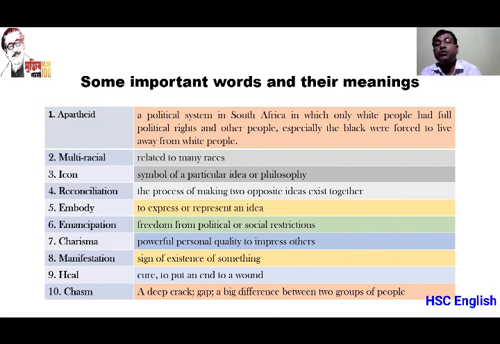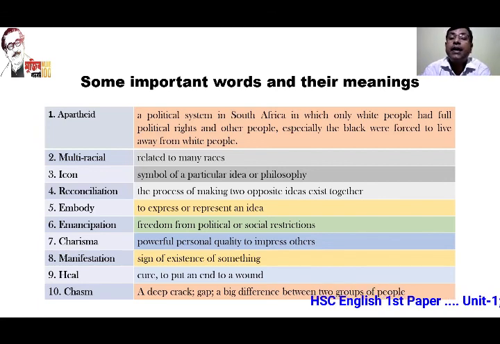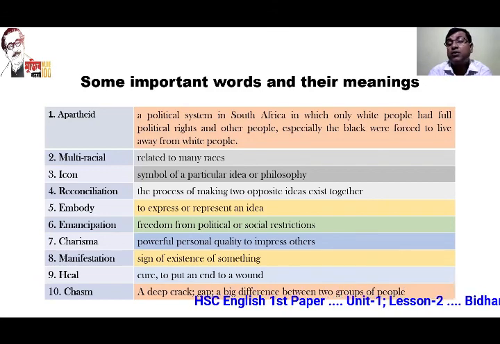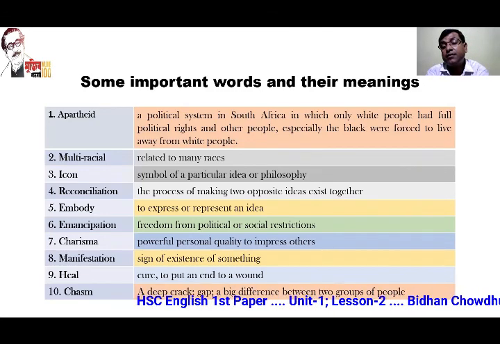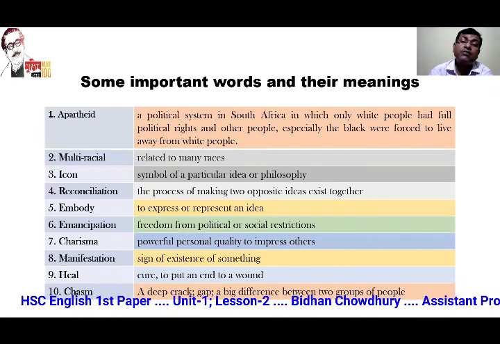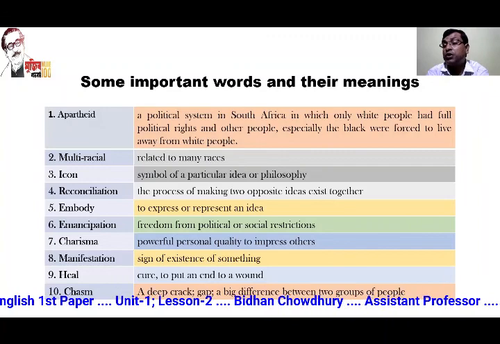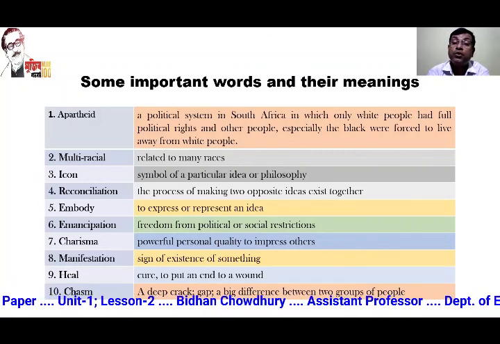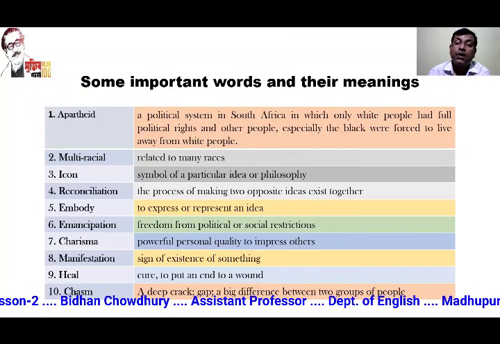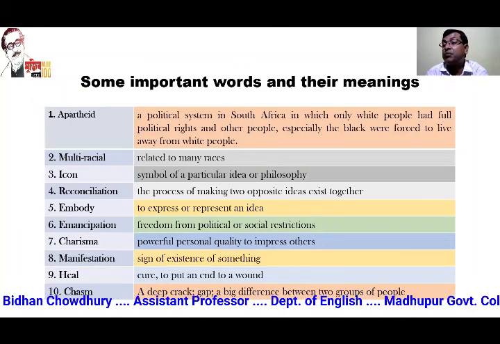This is how, my dear students, you have to pick up the most important words from the text, and you have to know the meaning of those words, because from these lessons you will have multiple choice questions, and if you do not know the meaning of these words, it will be difficult for you to do well in multiple choice questions.